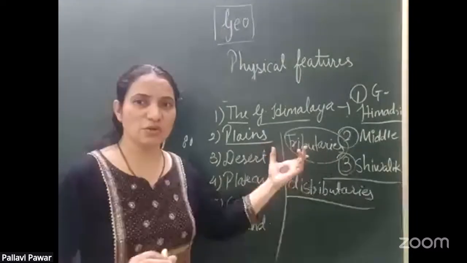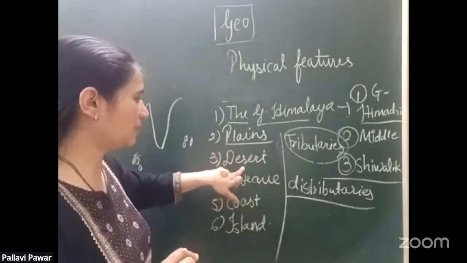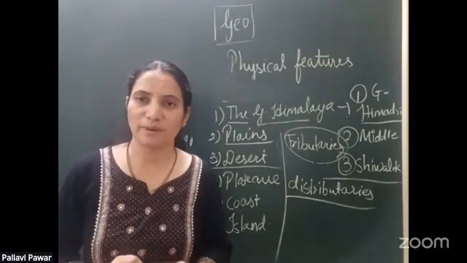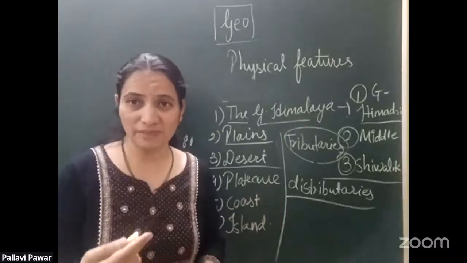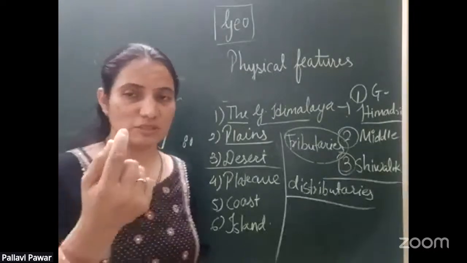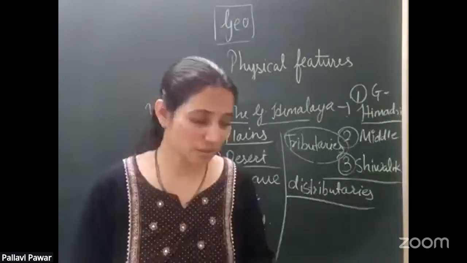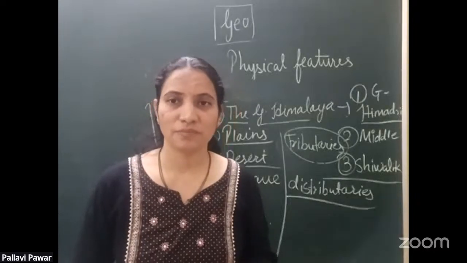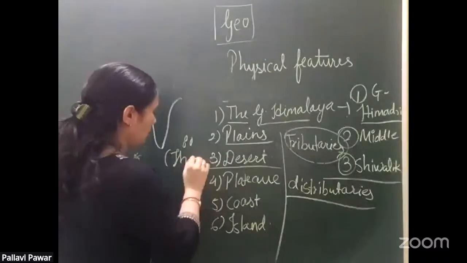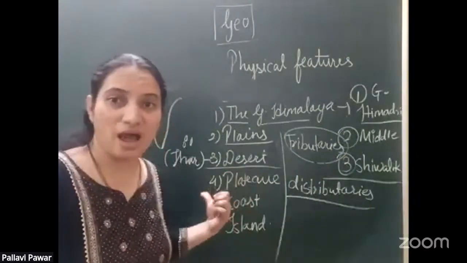Okay. Now we have discussed the mountains. Next we go to the desert area. It is located in the northwestern part of India. Can you tell me the specific name of the desert in our country, India? It's the Thar desert, Marushtali. No, Sahara is not in India.